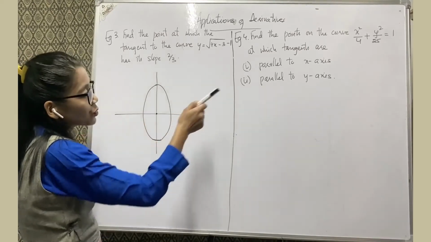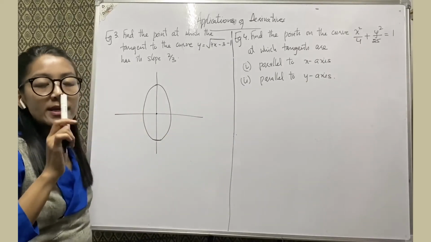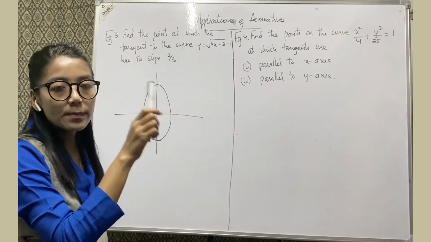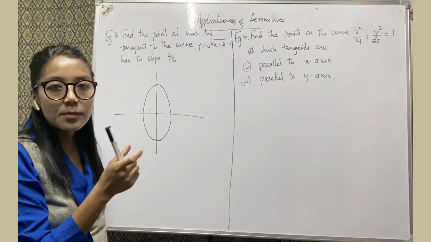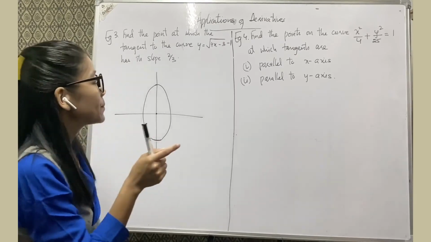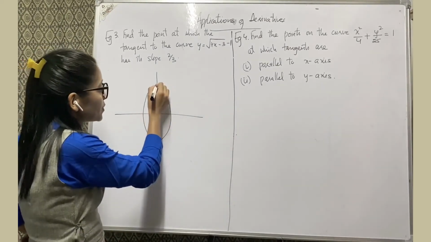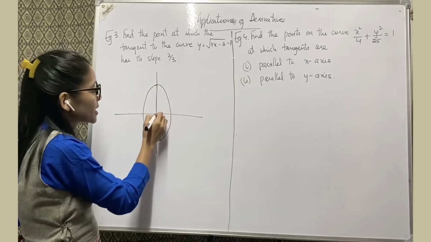Here it's a vertical ellipse, so we have x square upon b square plus y square upon a square equals to 1. Always a is greater than b in the equation of ellipse. The length of the major axis is 2a, a is 5, so the length of the major axis is 10.